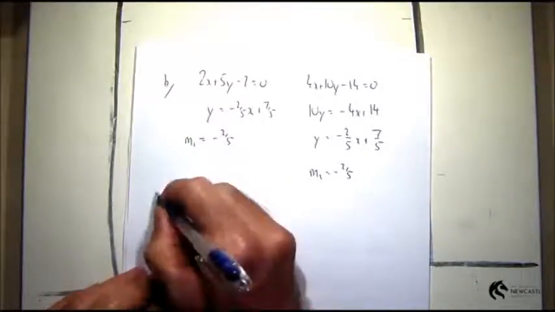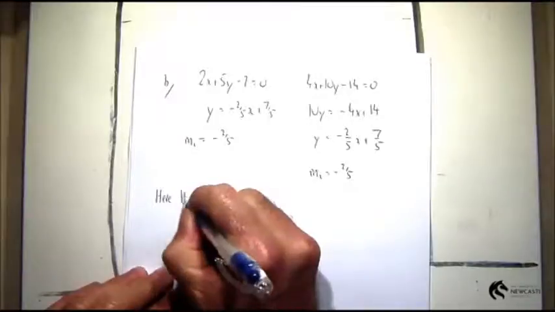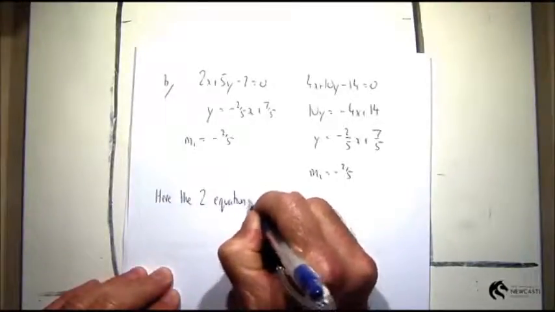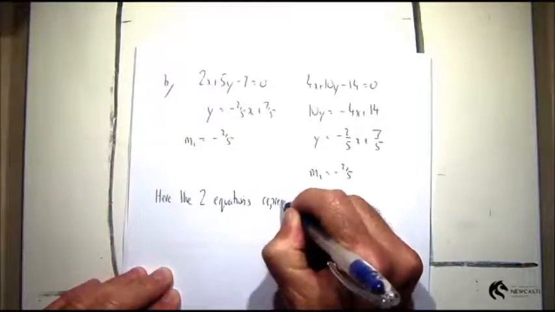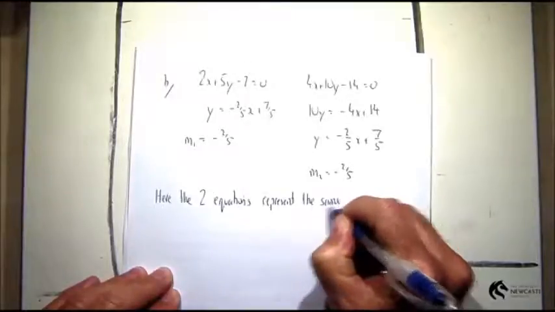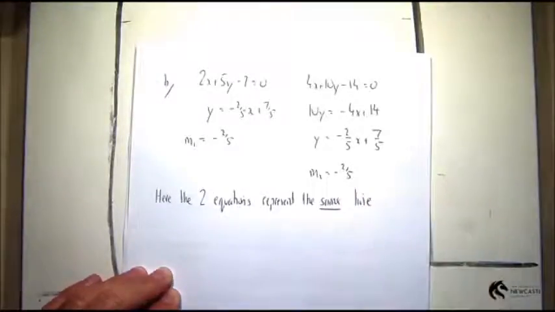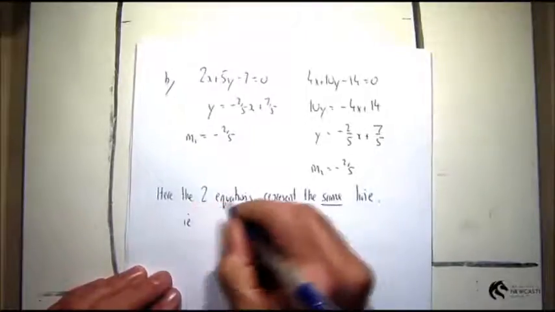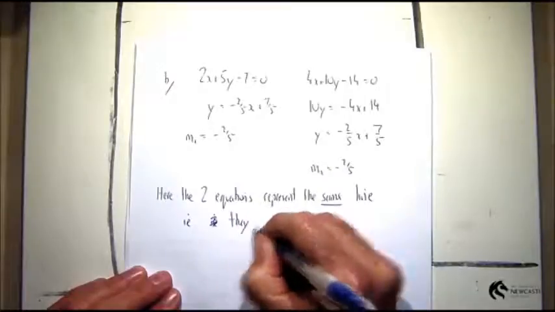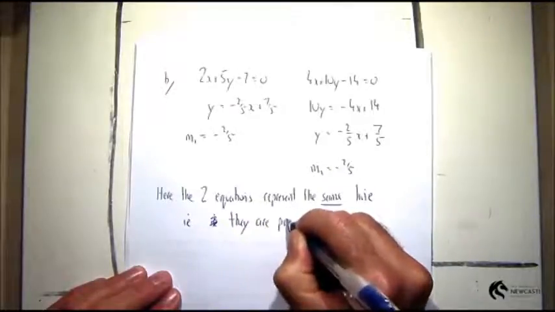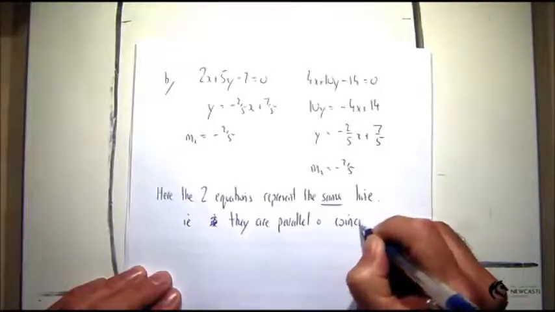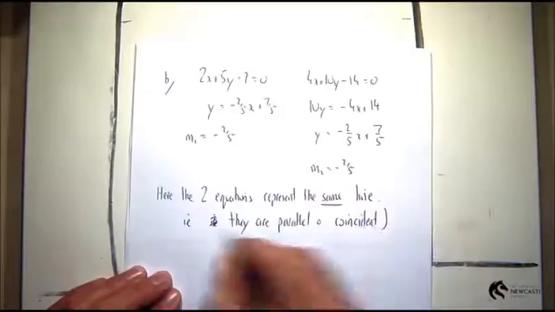So here, the two equations represent the same line. They are parallel and coincident. Might be another way of saying the same thing.